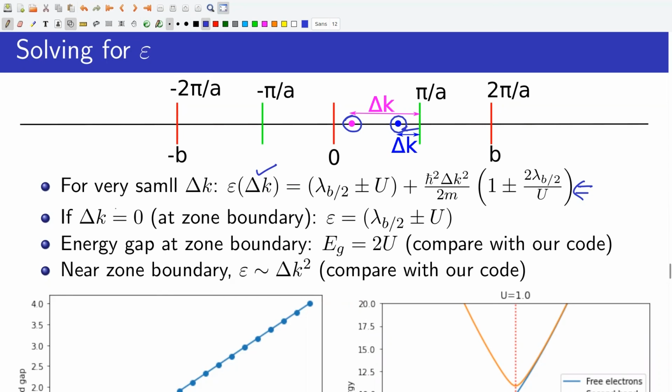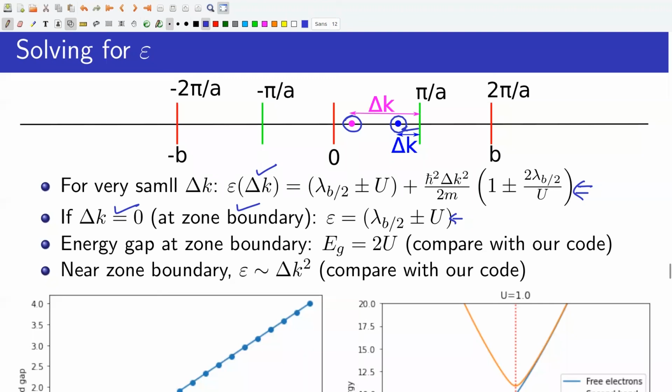Now let us put delta k equal to 0. In that case the second term will vanish completely, and the energy eigenvalues exactly at the zone boundary is equal to lambda b by 2 plus minus u.